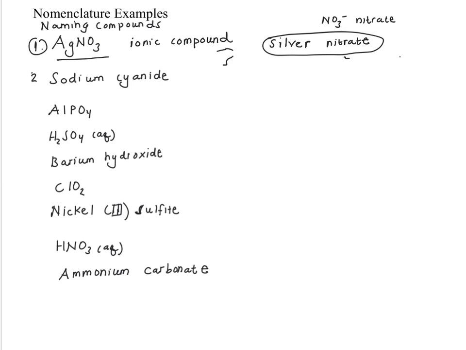Number 2, now we are going to give the chemical formula of sodium cyanide. And we know that's an ionic compound, because sodium is a metal, cyanide is our polyatomic ion, that is our nonmetal.